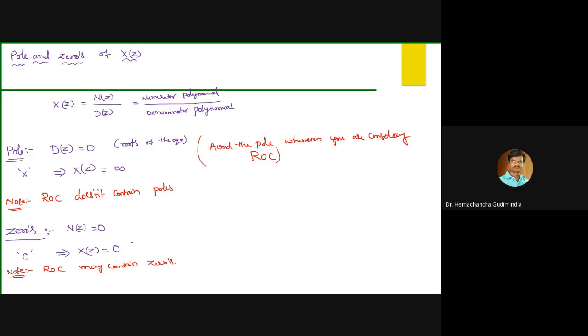That is the z transform existence condition. So ROC may contain zeros, but ROC doesn't contain poles, because X of z goes to infinity.